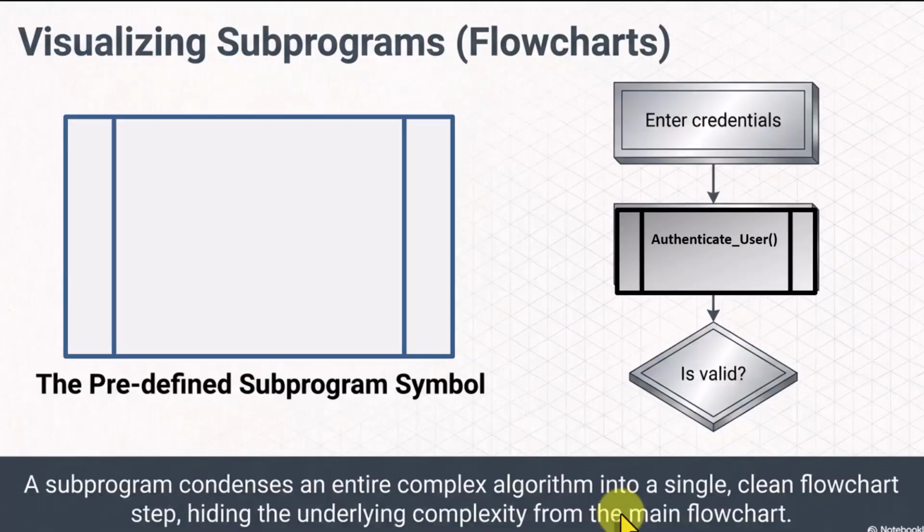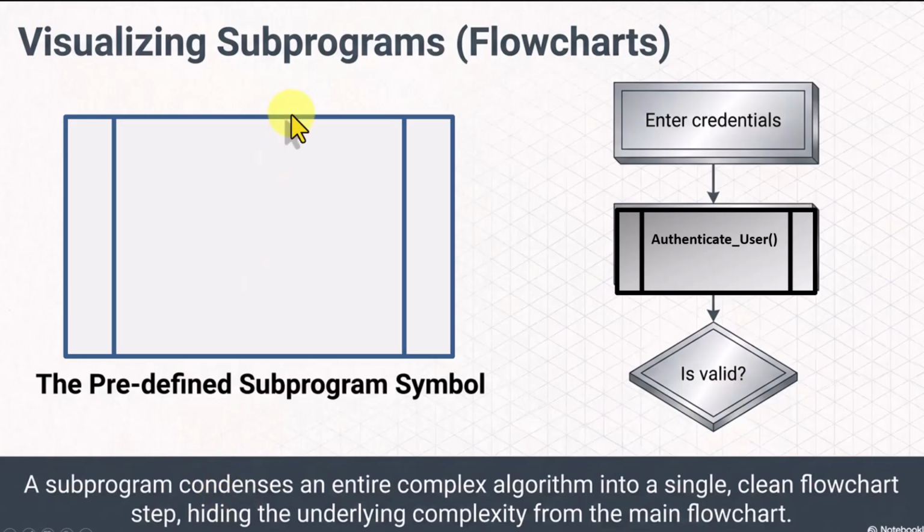In flowcharts, here is how you create and call a subprogram. Creating a flowchart, you write a new flowchart, and instead of start you write the name of the subprogram and the parameters. Then in the end, if it is a function, you write your return value.